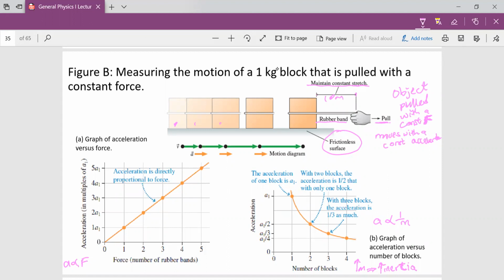It now led to certain conclusions, which we established here. That when you pull an object with constant force, it moves with a constant acceleration, okay? We pull an object with constant force, the same object, constant force, is going to move with constant acceleration.